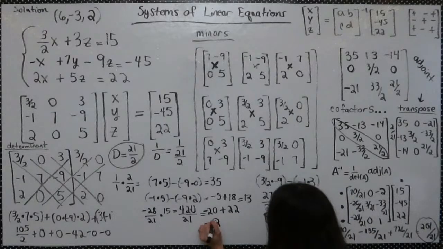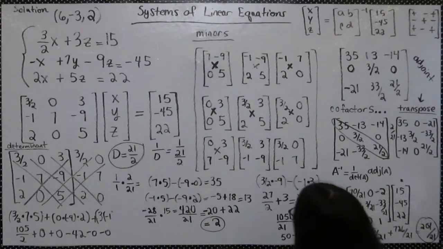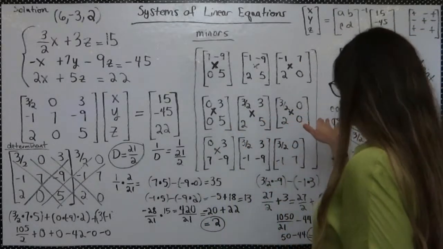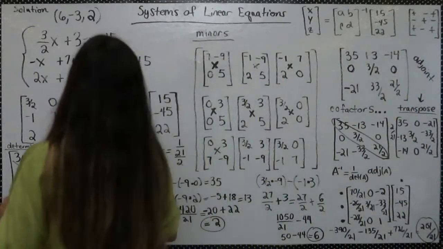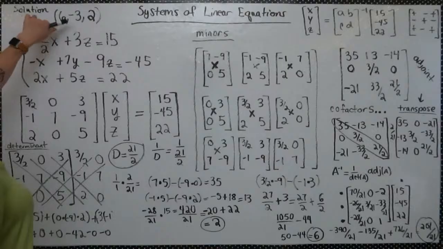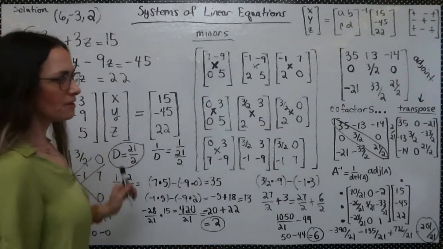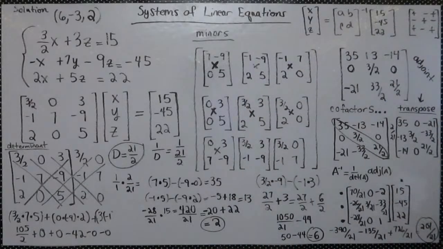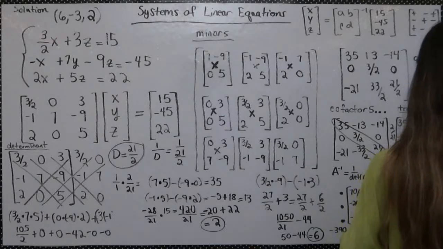That one works out. That one checks. So it looks like there may be an arithmetic error. So what I need to do is recalculate the determinants, because we were able to calculate x and z, but for some reason y is not working out. There is an arithmetic error in here somewhere for y.